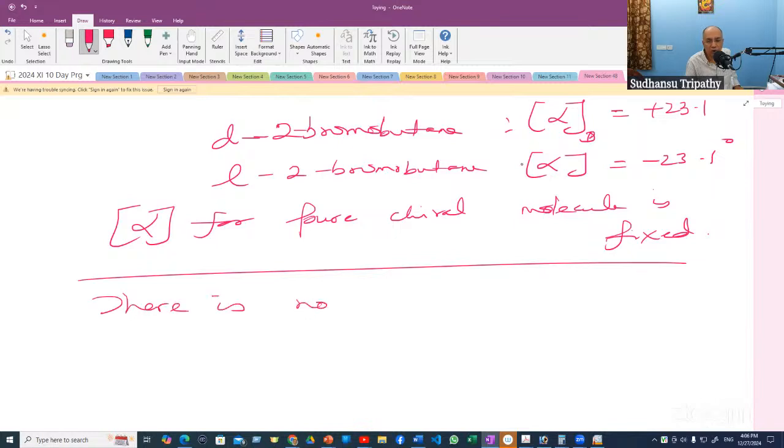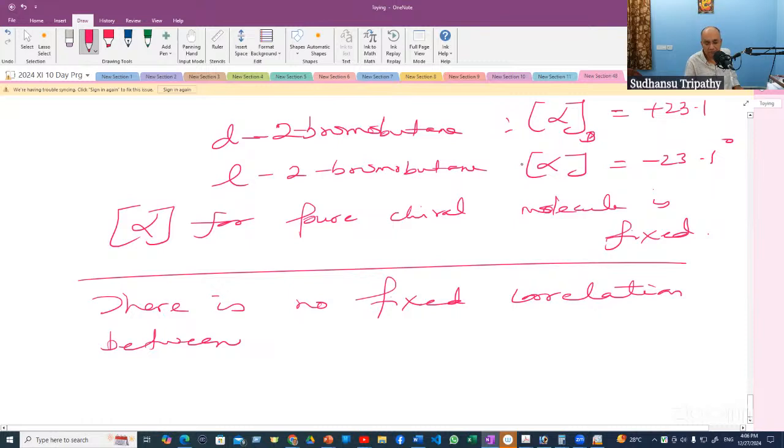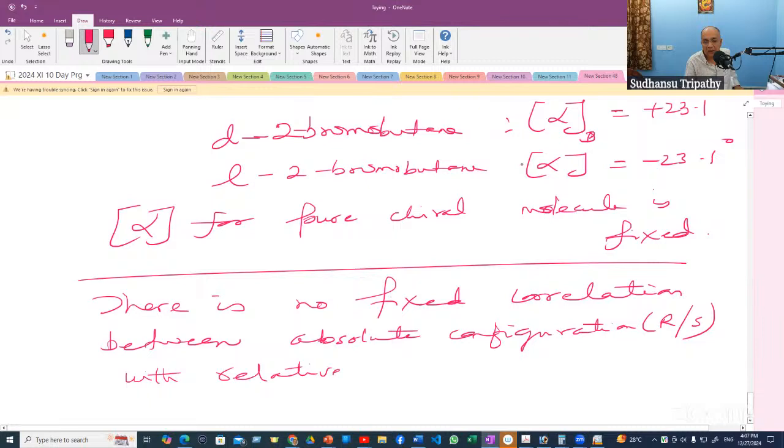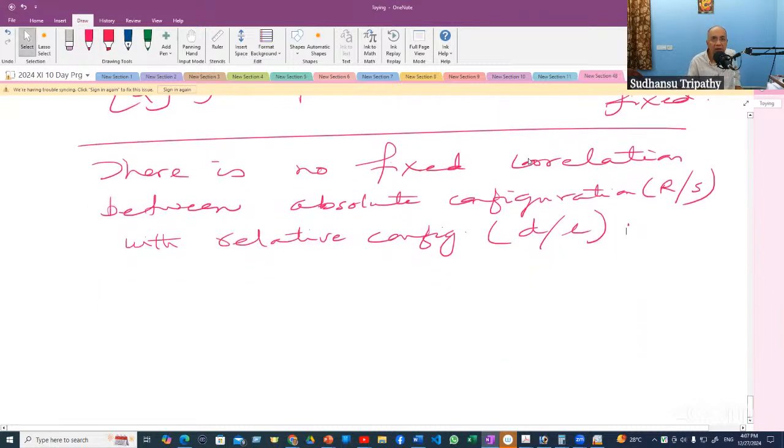There is no fixed correlation between absolute configuration, that is R and S, with relative configuration, D and L. It's not that always R is D and S is L.